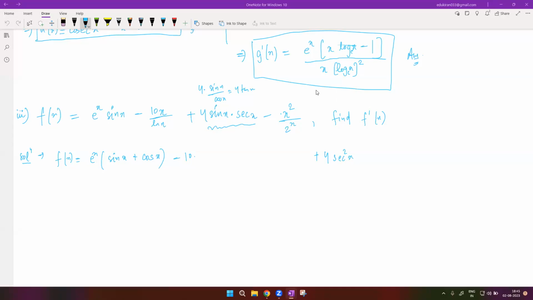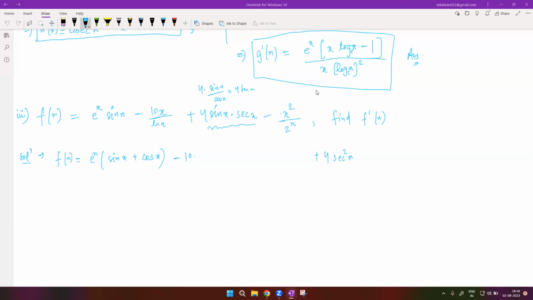Can you tell me the answer for this? You have to basically tell me the differentiation of x upon ln x. One expression is this, and then one expression is x square upon 2 to the power x. You were left with this question in the last class for you guys to practice. Can someone complete this now?